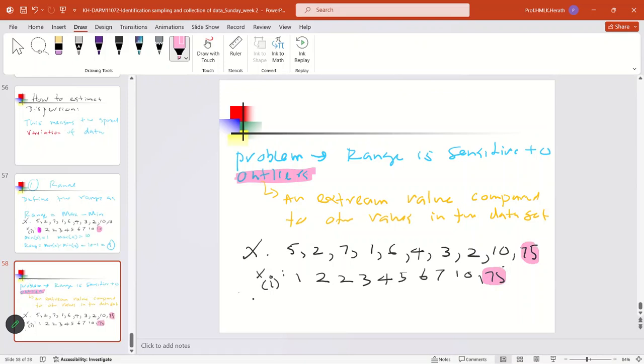We call something like this an outlier. Or on the other side, there could be a value like 0.001, a very small value. So these kinds of values are called outliers. Hence, the range is sensitive to outliers.